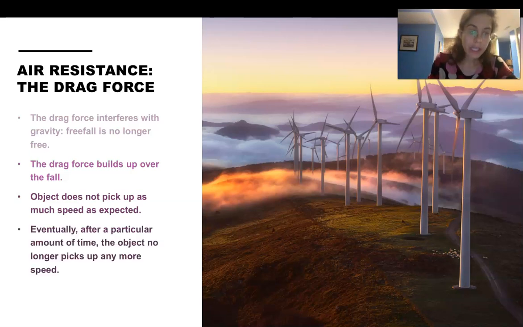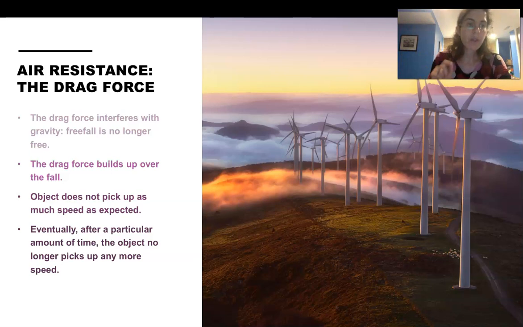And eventually, after a certain amount of time, the object no longer picks up any more speed at all. Get this, air resistance does not slow you down. I will say it again, air resistance does not slow you down. Air resistance prevents you from speeding up as much as you would have otherwise. It's not that you get fast and then you go slow.